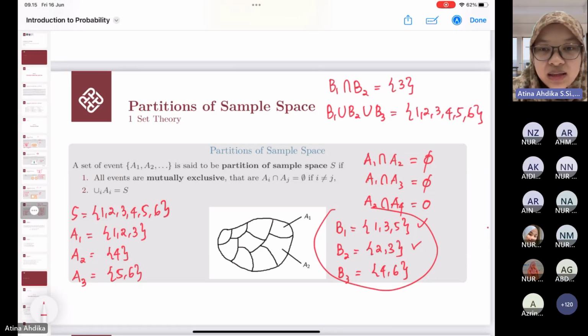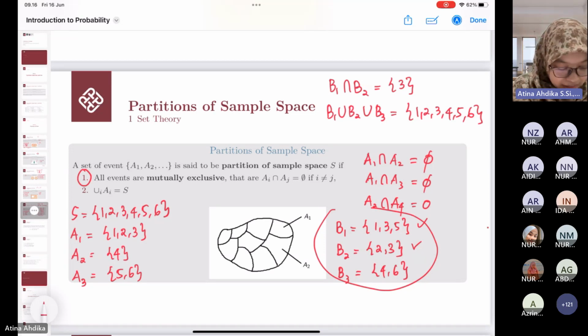However, we can find that there is intersection between B1 and B2. So the first requirement is not fulfilled by the set of events, so we cannot say that these are the partitions of the sample space. Okay, thank you, Ahmad Hamizan and Aidil Iqbal.